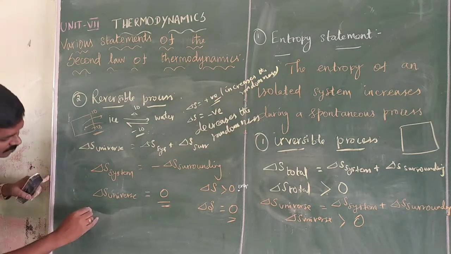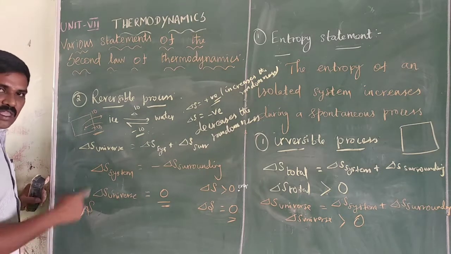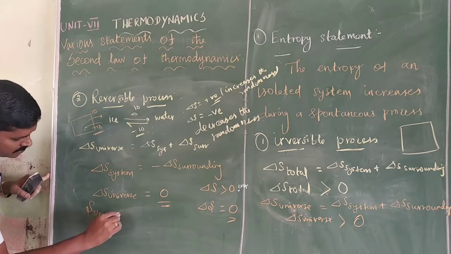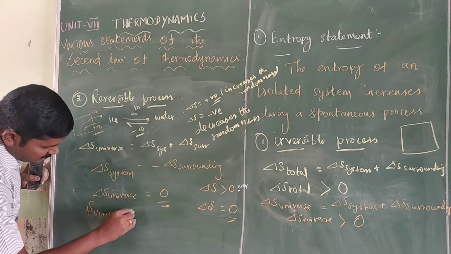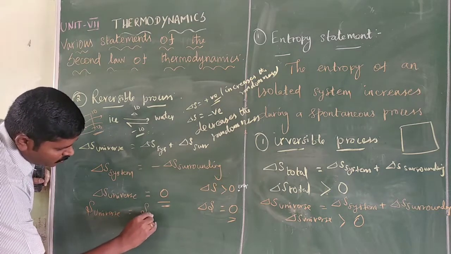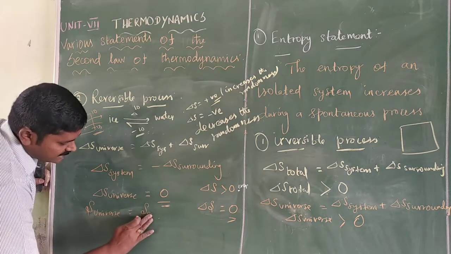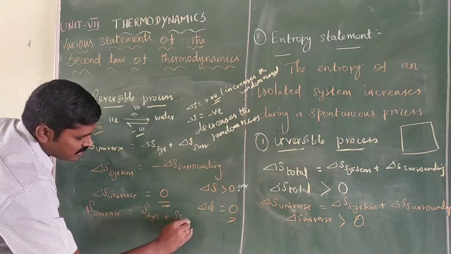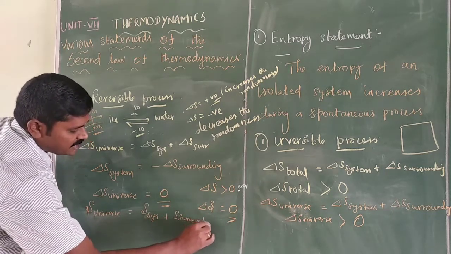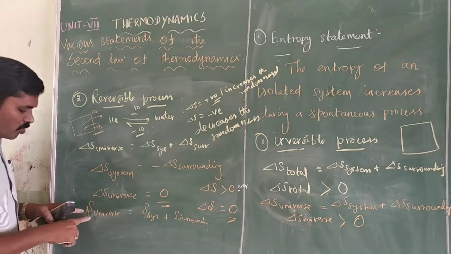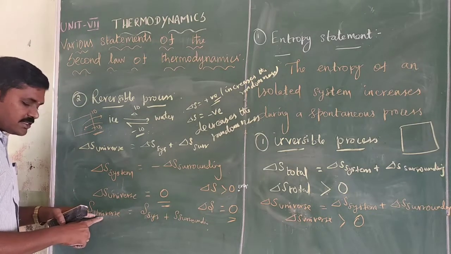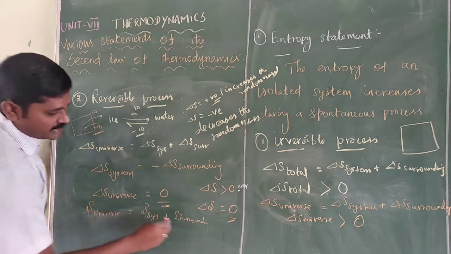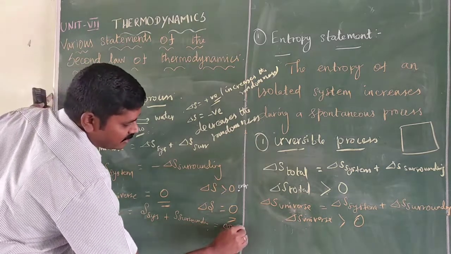The entropy of the universe is equal to the entropy of the system plus the entropy of the surrounding. The entropy of the universe is equal to a constant.